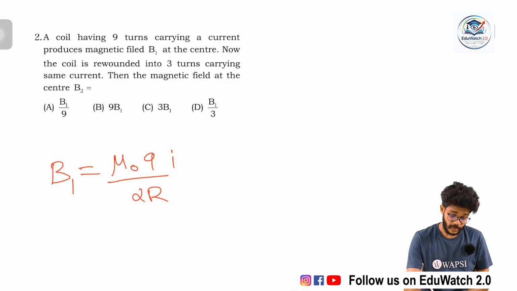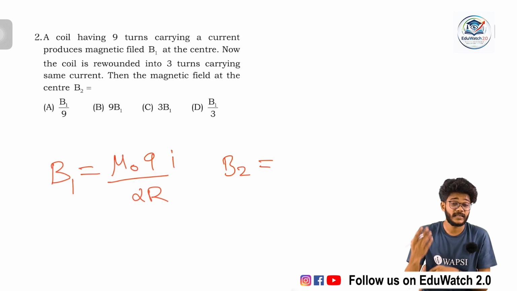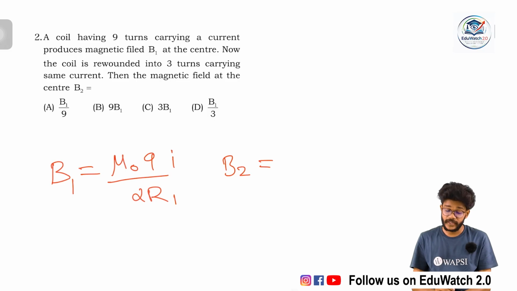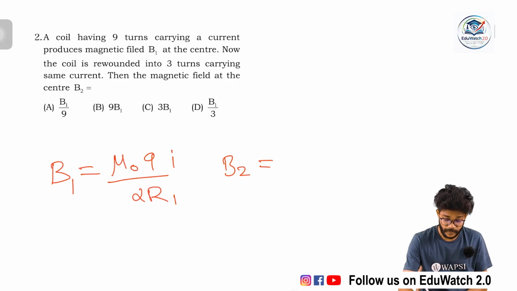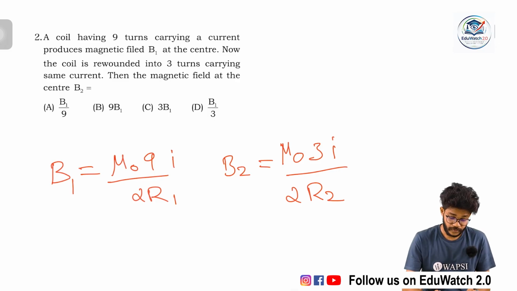And for B2, the same wire is rewound. So what happens? The radius of the circle will change and n will change. What is the new n? New n is 3. So B2 is mu 0 3I by 2r2. The first radius is r1 and the second radius is r2. Now we want to connect r1 and r2.